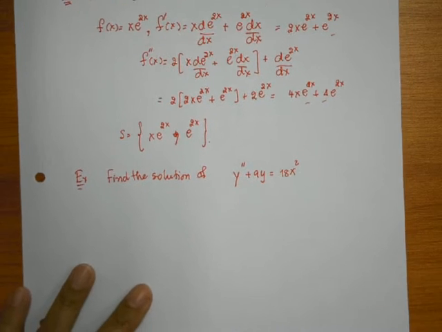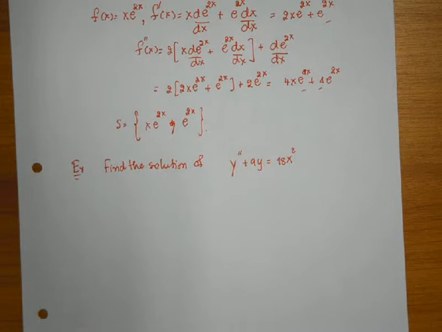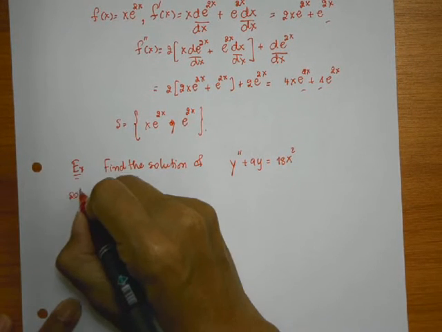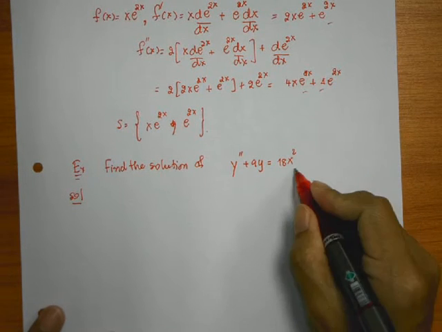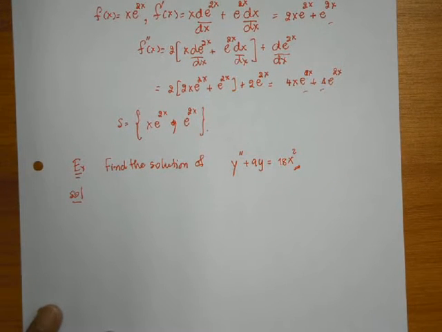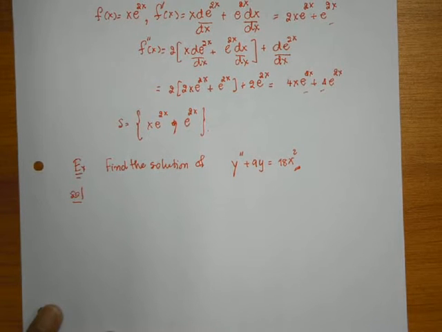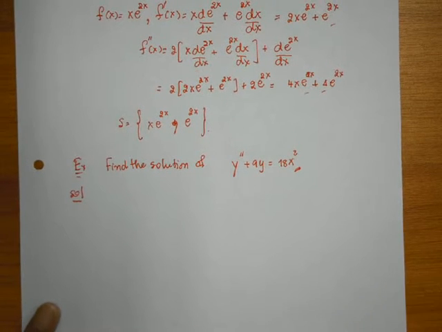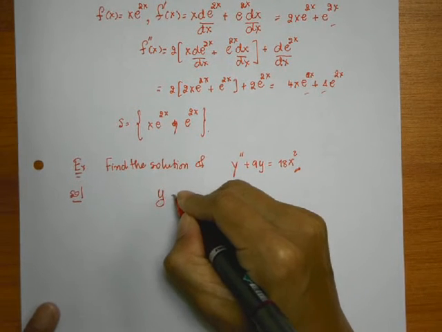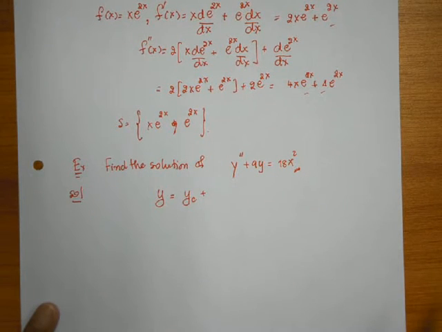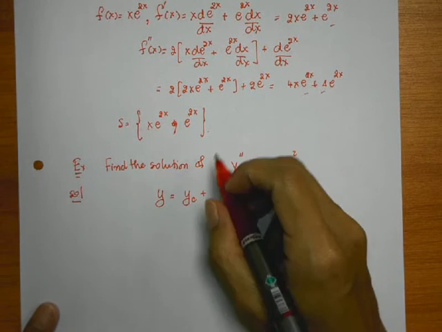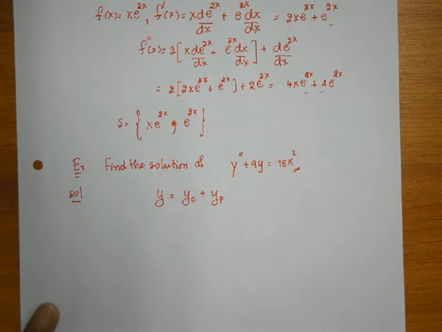Okay, now we have this differential equation. Is this homogeneous or non-homogeneous? It is a non-homogeneous differential equation. So in that case, the answer y is supposed to have two parts, which are yc and yp.